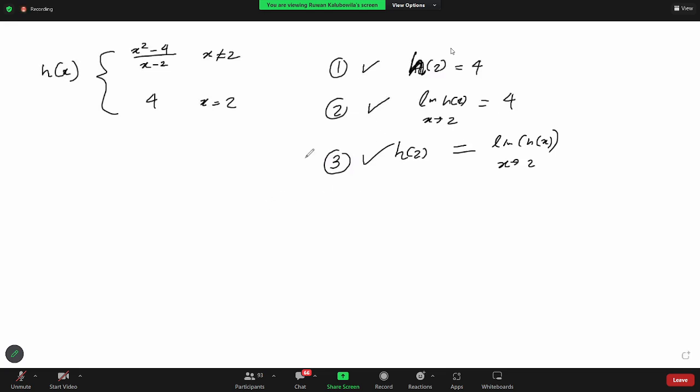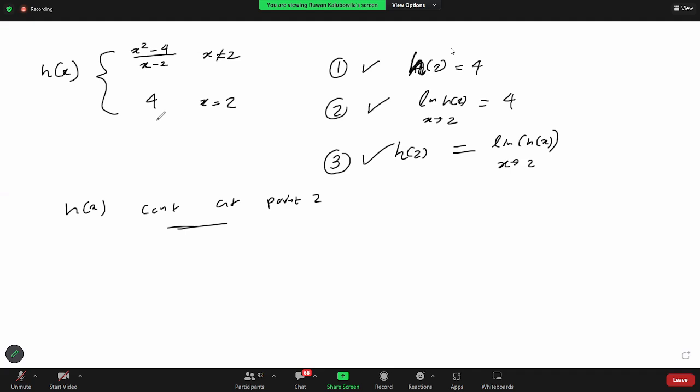Then that means this hx function is continuous at the point 2, right? You can write down that this function passes your continuity test. Then you can say, yes, this is continuous at the given point x equal to 2. I think now we have an idea.